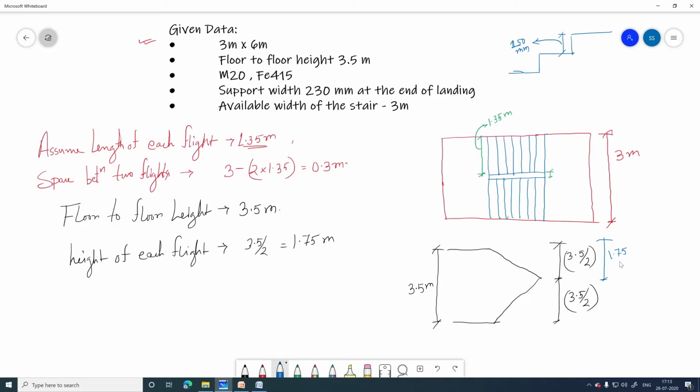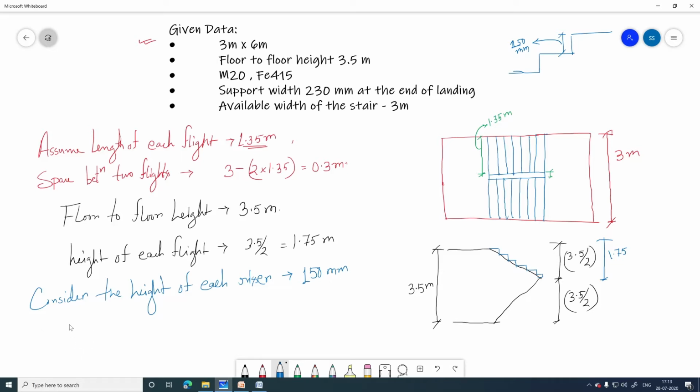So we need to provide here the risers, right, like this. So how many numbers of risers we need to provide for the single flight? That will be 1.75 by the height of the single riser, right. So now we will consider the height of each riser is 150 mm. Okay.